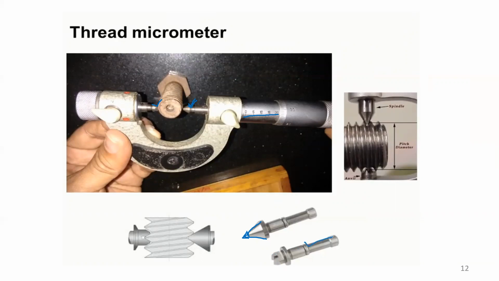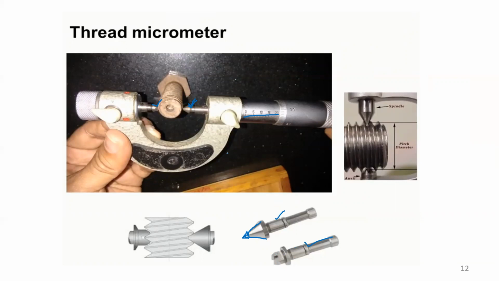This is the fixed anvil that will be placed in the left hollow portion of the spindle, and this is the movable anvil. This can be placed in the hollow spindle of the right side section.